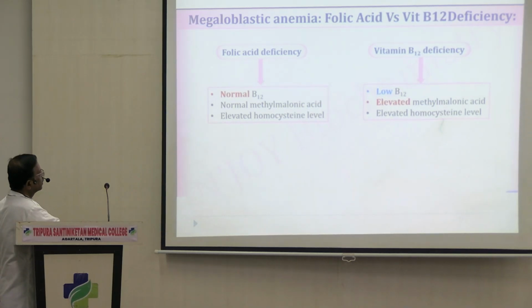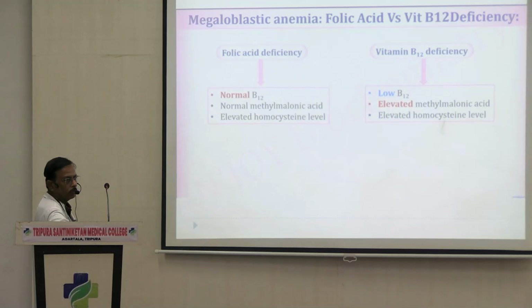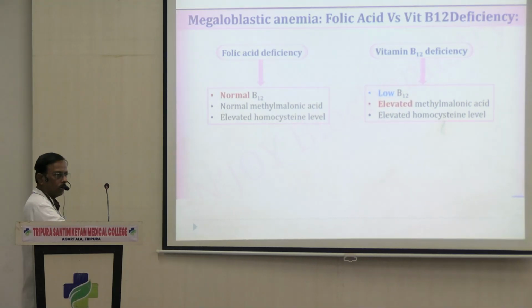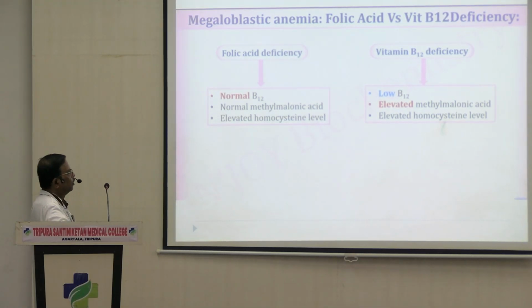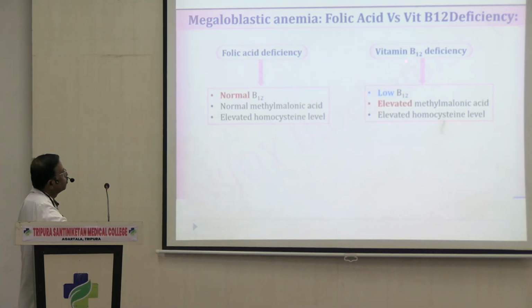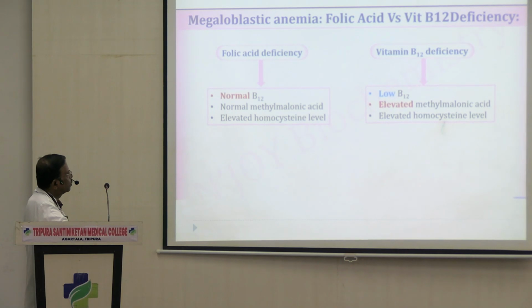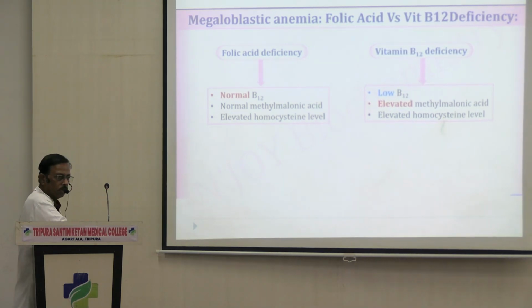Then in case of folic acid deficiency, there will be elevated homocysteine. Why will homocysteine remain elevated? We have already explained. In case of vitamin B12 deficiency also, there will be elevated homocysteine level.